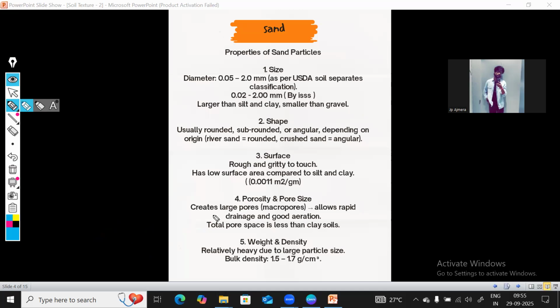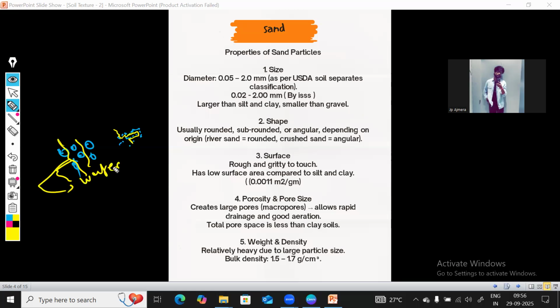So drainage would be there, like in sand or in clay. How easily can water go through it in this fraction or in this fraction? Water can simply move through sand very easily.